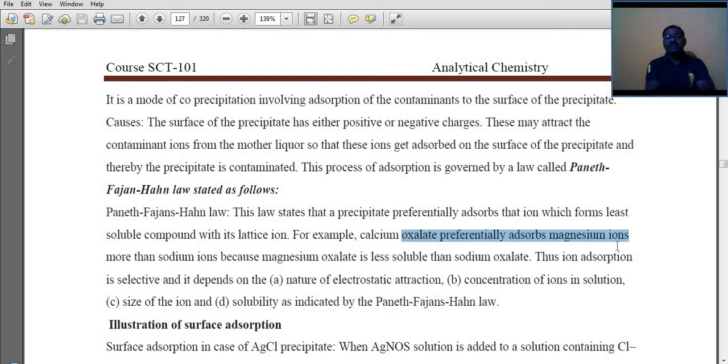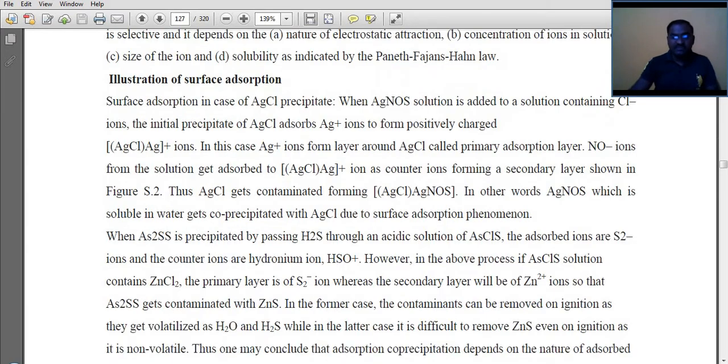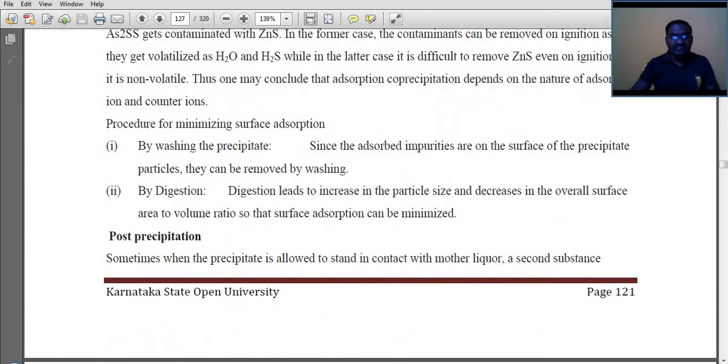Finally, solubility as indicated by the Paneth-Fajans-Hahn law. These are the illustrations of surface adsorption. The procedures for minimizing surface adsorption are washing the precipitate and dilution.